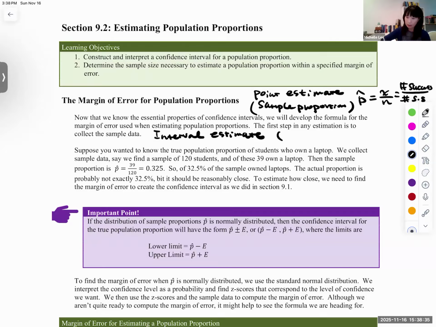The left side is the lower limit and the right side is the upper limit. Other textbooks say lower bound and upper bound.